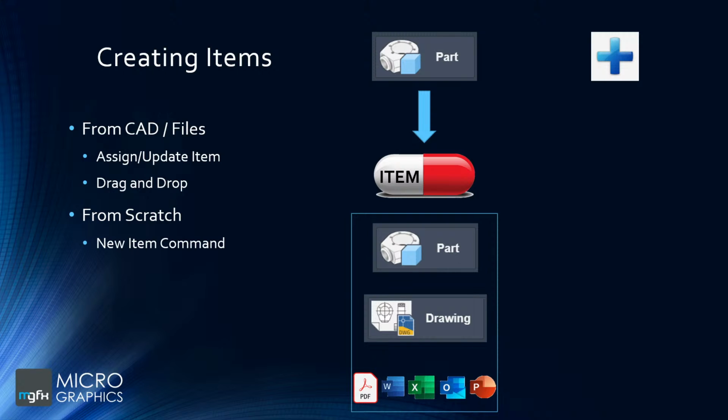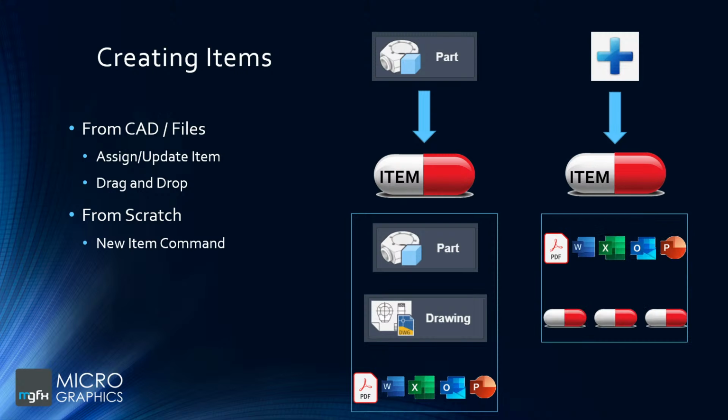Alternatively, you can create an item from scratch, where you would start the process of creating an item. You would give that item a number, and you would then associate files or other items to that item. Once the item is created, it is stored in the item master.